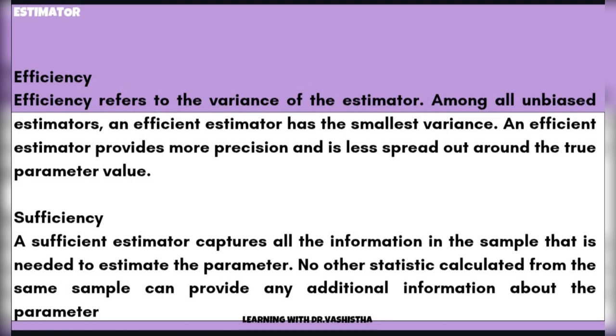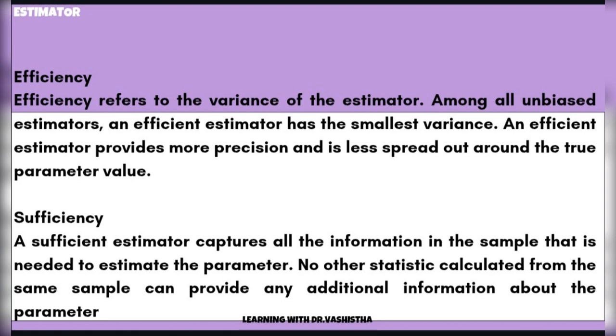Efficiency refers to the variance here. Among all unbiased estimators, an efficient estimator will have the smallest variance. An efficient estimator provides more precision and is less spread out around the true parameter value. So it will be less and less spread out, and the variance value would be smaller.